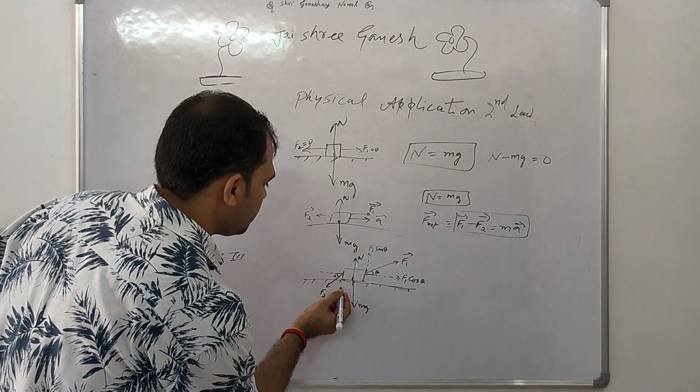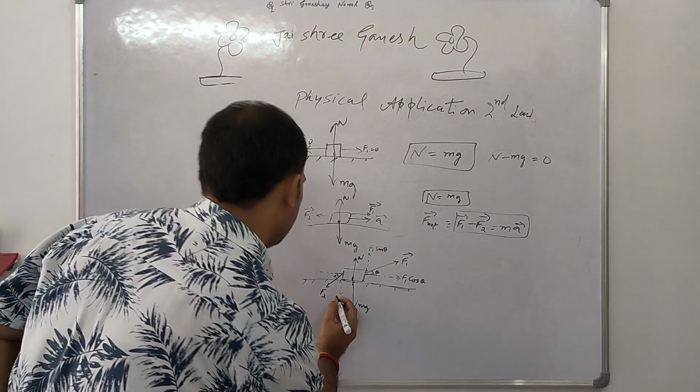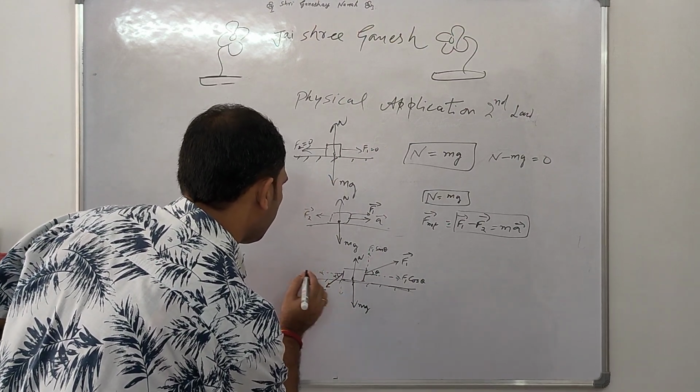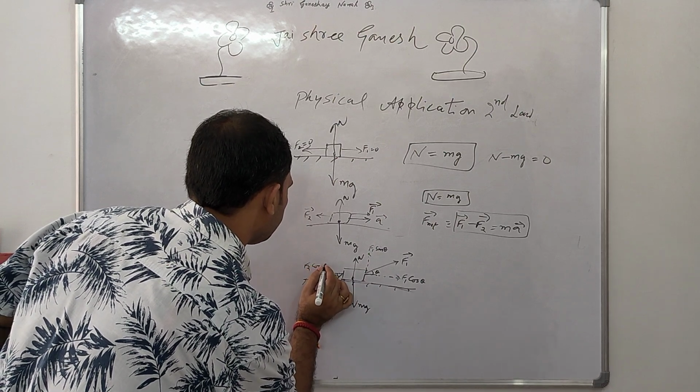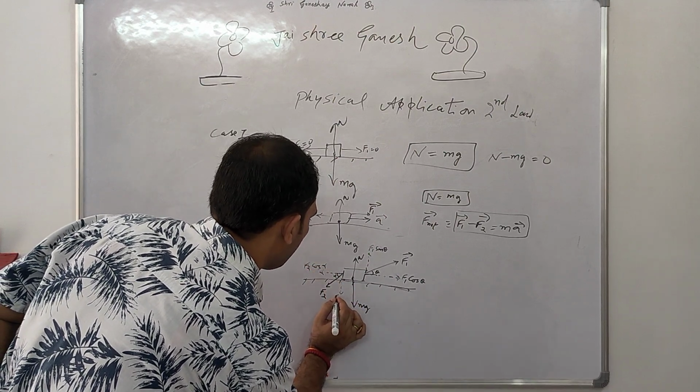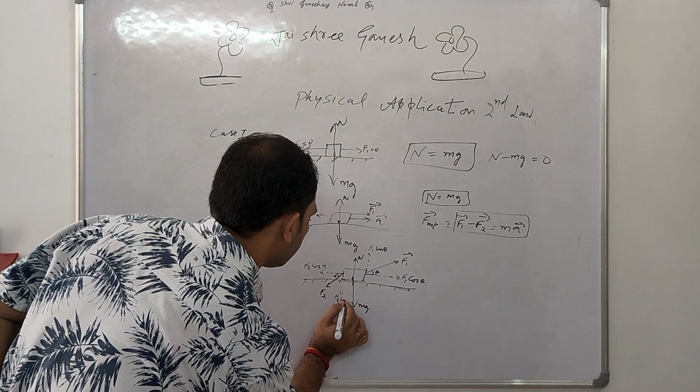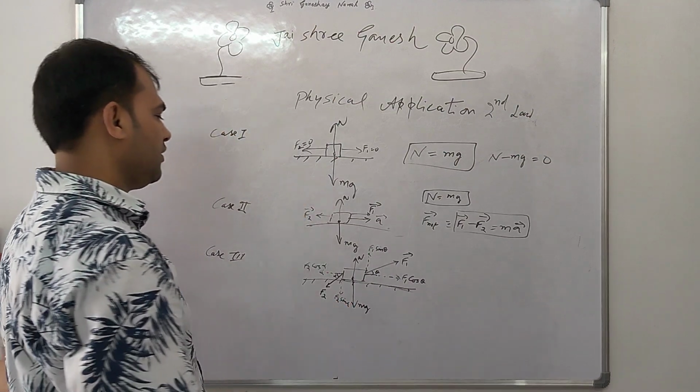Similarly, here this will be F2 cos alpha, and this will be F2 sin alpha.